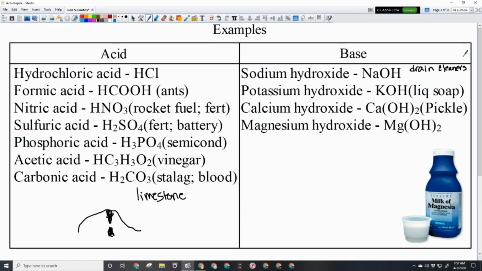What sodium hydroxide does is actually melt that, make it more liquefied so that it is easier to be forced through the drain. So drain cleaner, sodium hydroxide, will damage your skin and cause massive burns.